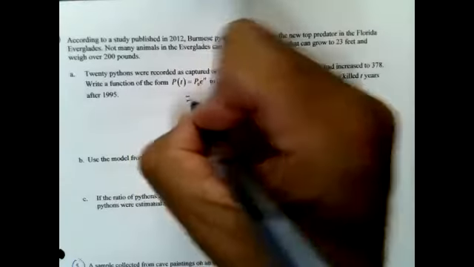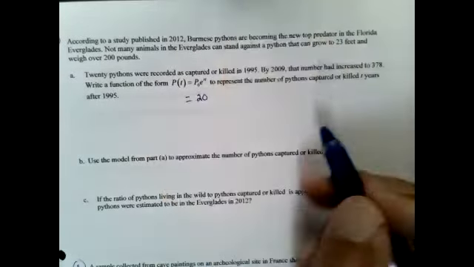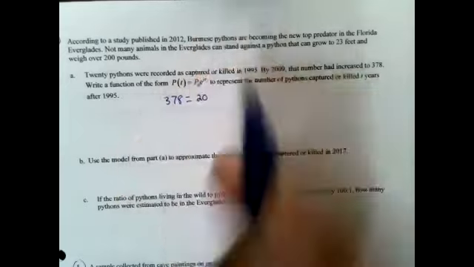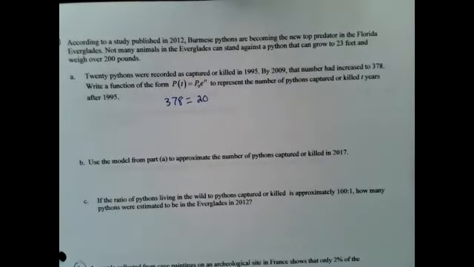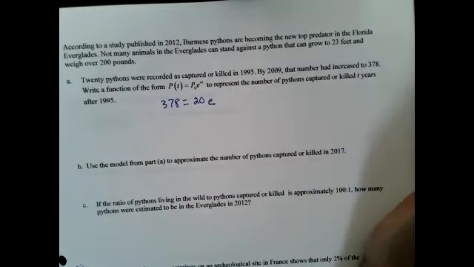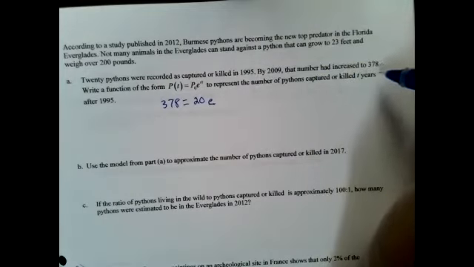So that's going to be how many pythons? 20. At the end of that time period, there were 378 pythons. This is going to be e raised to the rt, to represent the number of pythons captured or killed in t years.